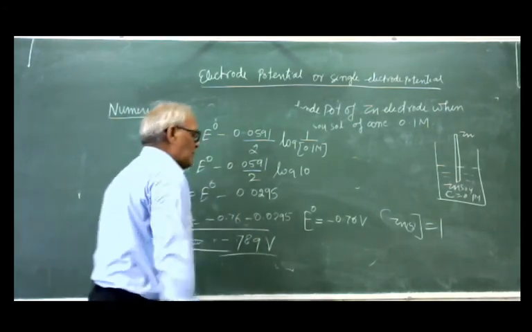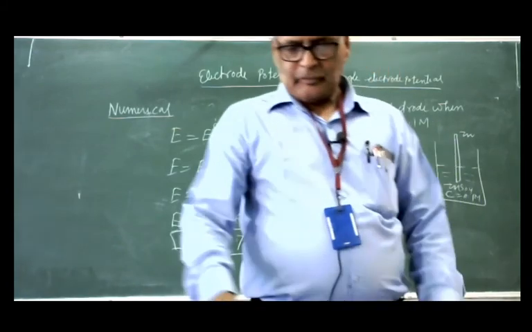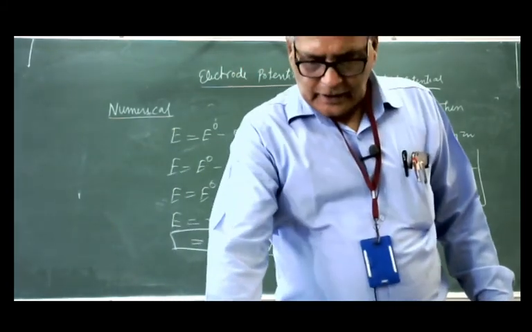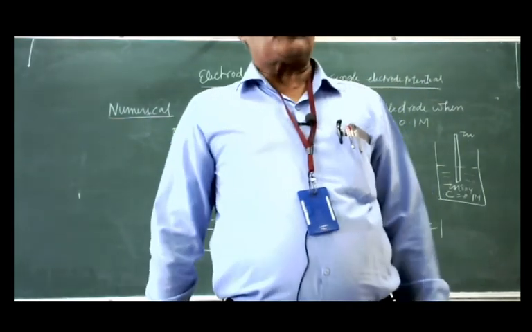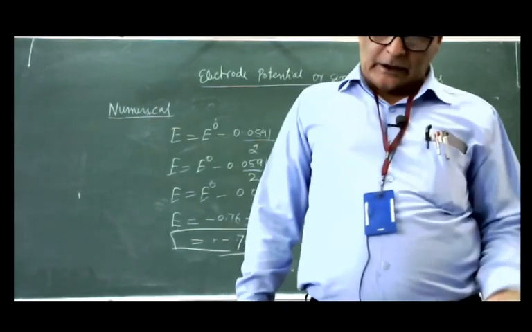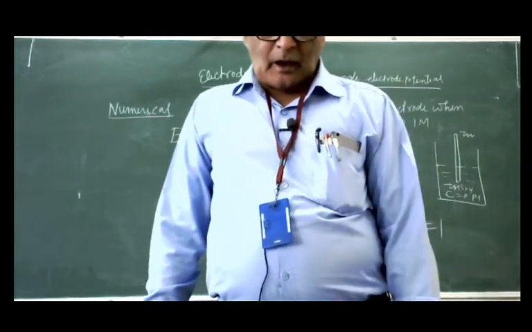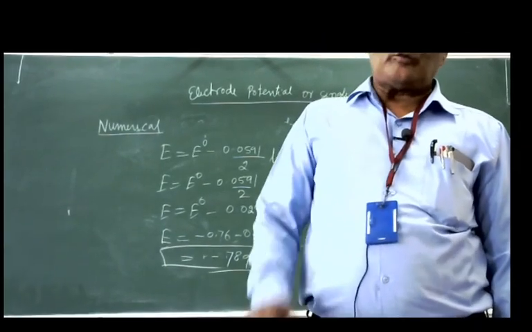This is the value, minus 0.79 volt. So in this way, we can apply the Nernst equation for calculating the electrode potential. This type of question is asked in your examination, and you can solve it very easily. Thank you very much.